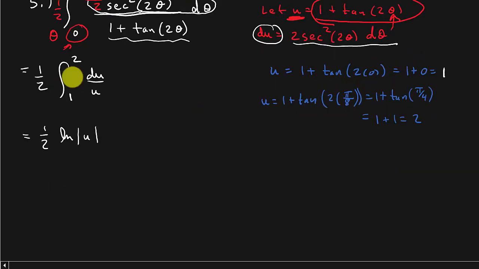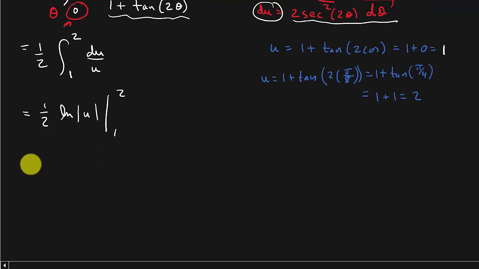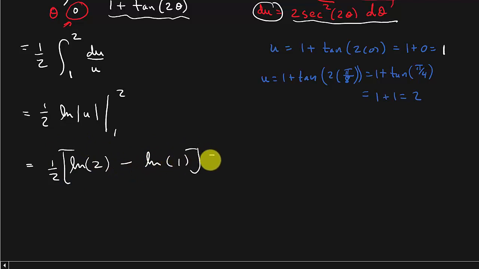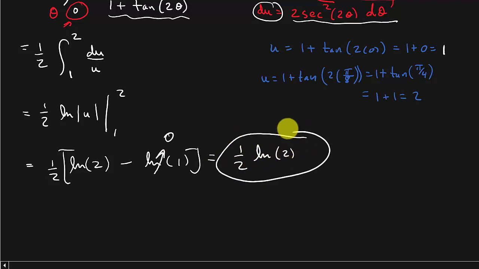And we're integrating that from 1 to 2. And so this is equal to 1/2 natural log of 2 minus natural log of 1. Well, natural log of 1 is 0, and so that's 1/2 natural log 2. And you can punch that in your calculator, leave it like that.